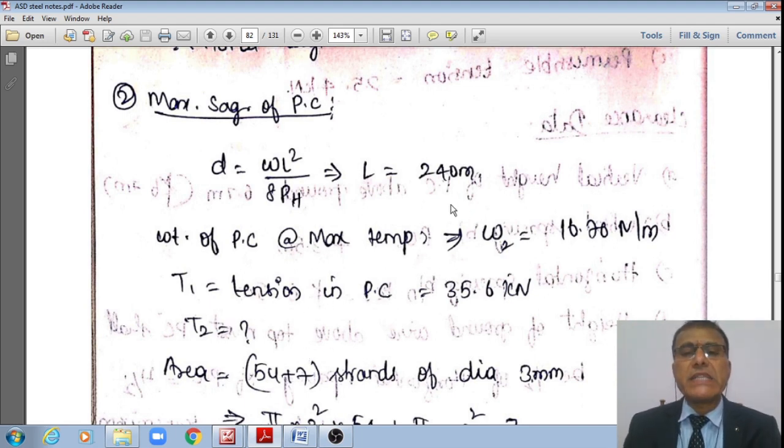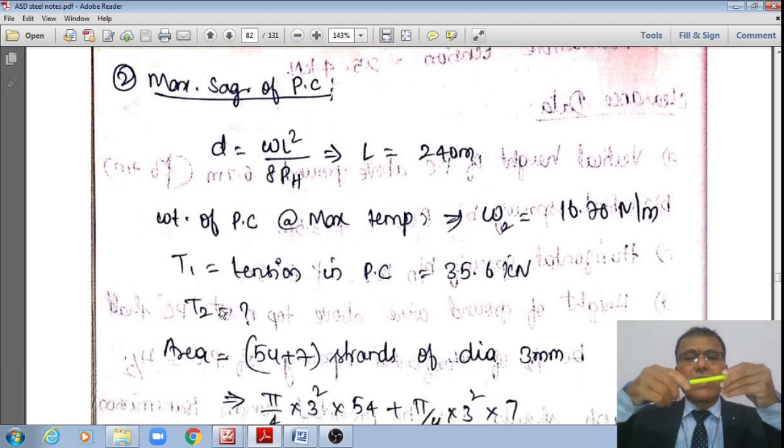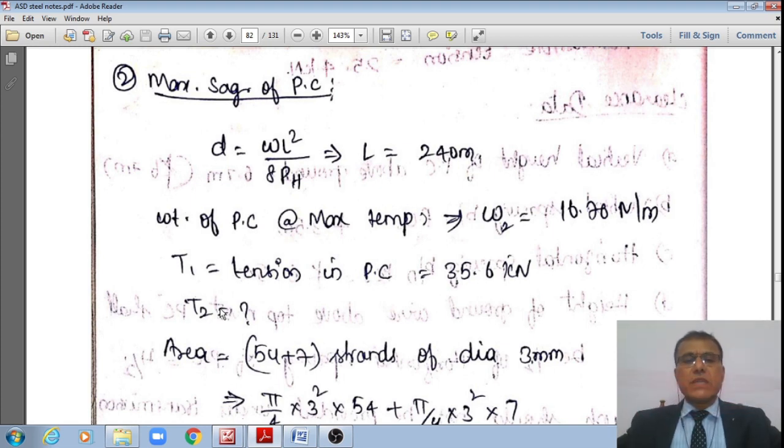And now at maximum temperature of T2 degree centigrade, W2 is equal to 16.76 Newton per meter. Corresponding to that, what is the tension in the power conductor? That I need to find out. What is T2, corresponding to maximum temperature?